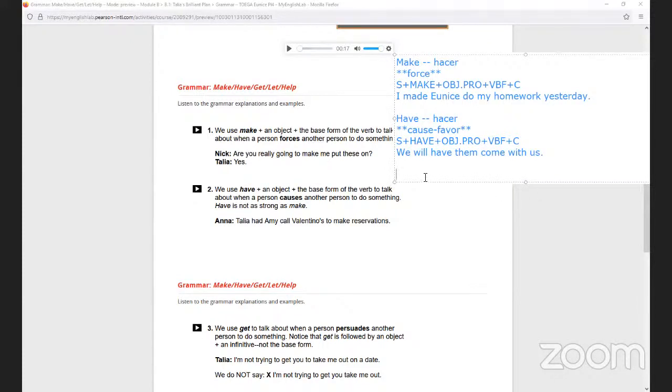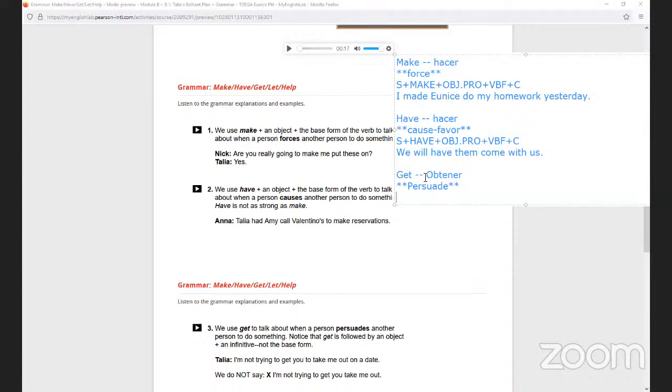So the other verb that we have is get. The meaning of get is to obtain something, and here we persuade somebody else in order to get something, right?